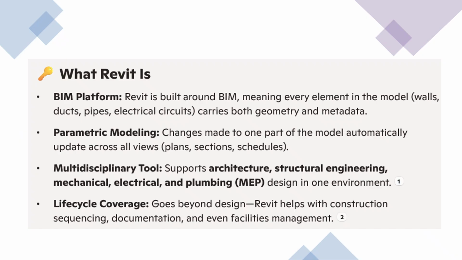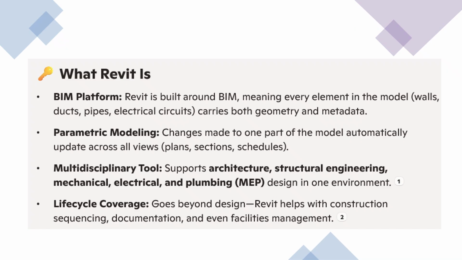What Revit is. To truly understand Revit's power, we need to unpack its core identity. First, Revit is a BIM platform, building information modeling. That means every element in your model, whether it's a wall, duct, pipe, or circuit, carries not just geometry, but metadata.